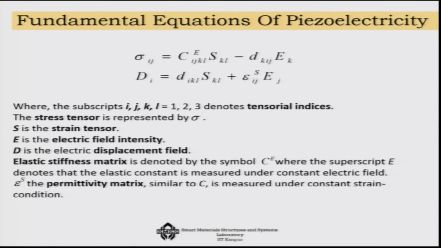The fundamental equations of piezoelectricity, this time I have represented in terms of tensorial notation. So, accordingly, this is the stress tensor, which is known to you as sigma ij, and S is the strain tensor, which is also known to you. Here the electric field intensity is coming up, and d_kij is the piezoelectric constant that relates this electric field intensity with the stress tensor.